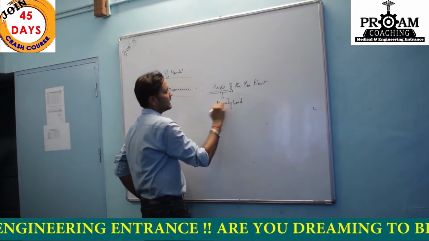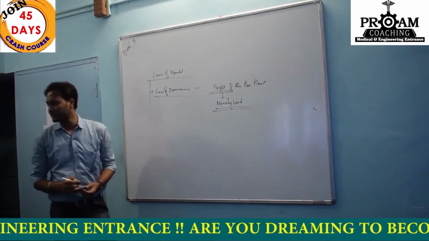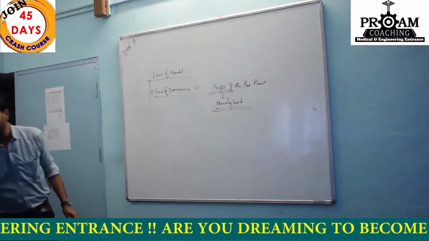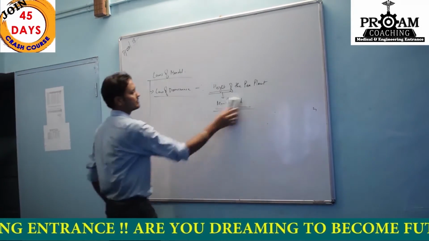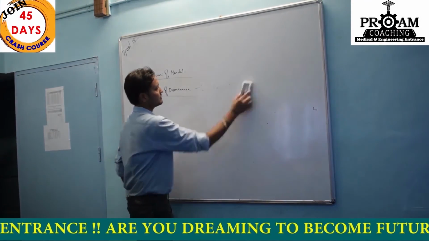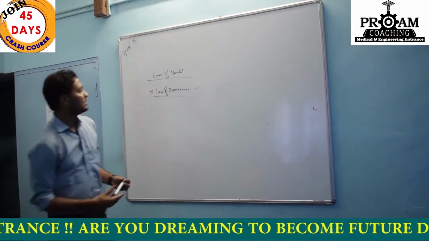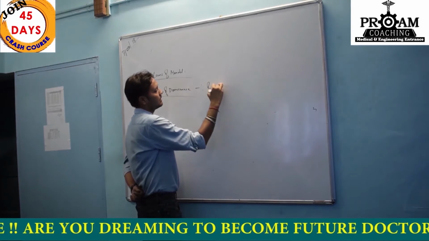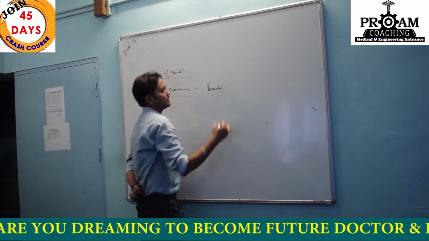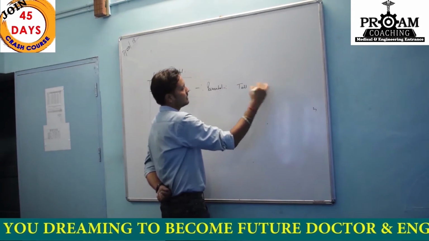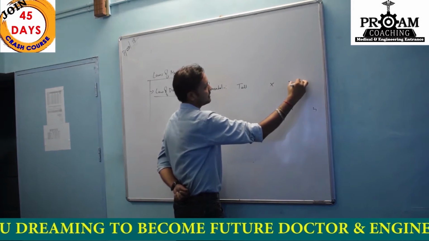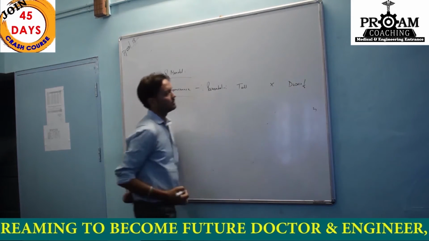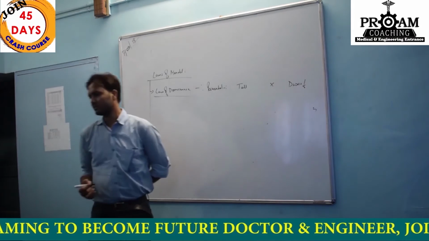So let's perform the experiment which was conducted by Mendel. So first generation, that is the parental: one tall plant and the other is dwarf plant.